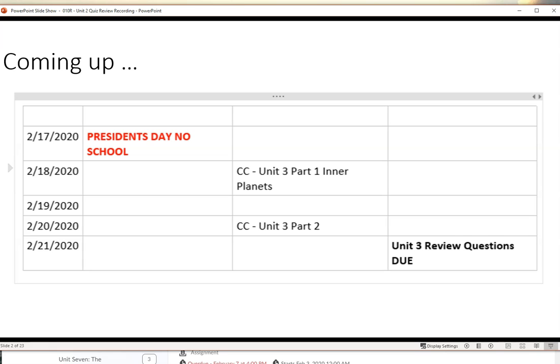There's no school on Monday next week for President's Day, and then we have 2 Class Connects, Tuesday and Thursday, and the Unit 3 review questions are due a week from Friday. Now, you should read all of the lessons in Unit 3 by the end of the day Tuesday, so you have some idea what we're talking about in class.